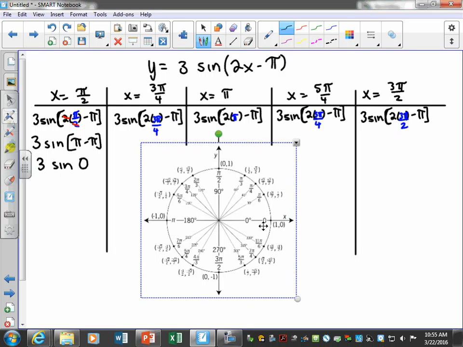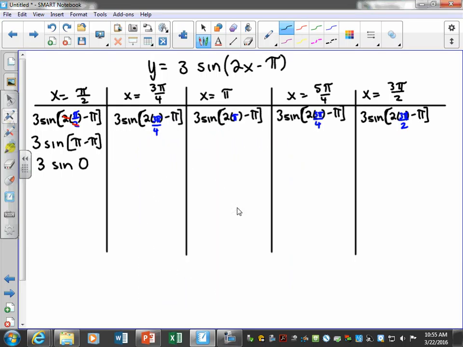What is the sine of 0? So you go to 0 and the sine is the y value, right? So what is the sine at 0? 0, good. So this is just 0, and then we multiply that times 3, so 3 times 0 is 0. So our ordered pair would be when x is pi halves, y is 0.